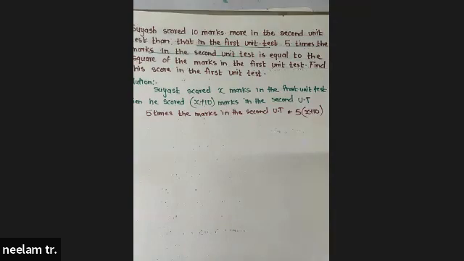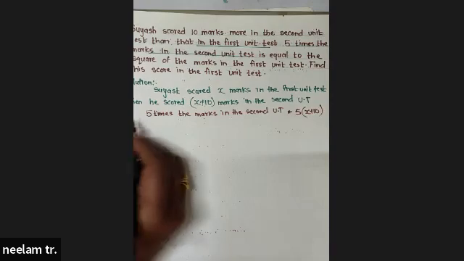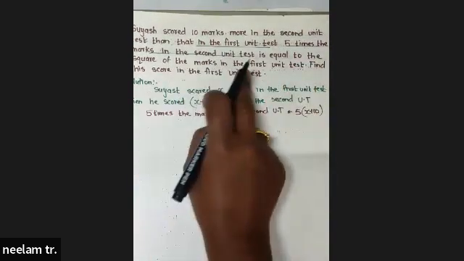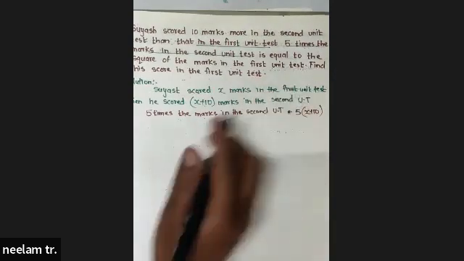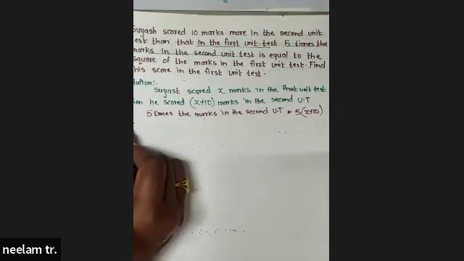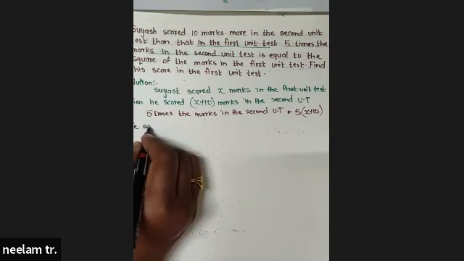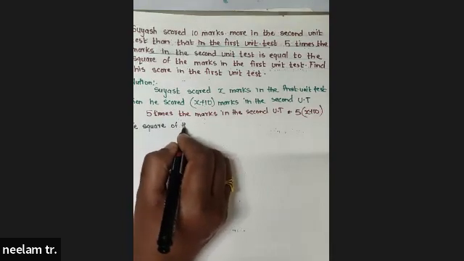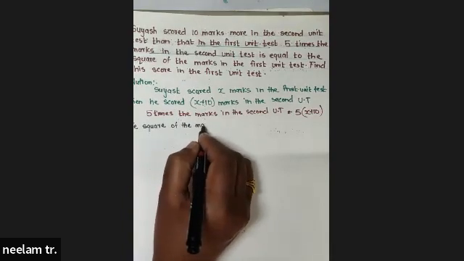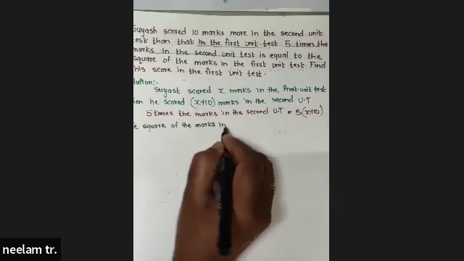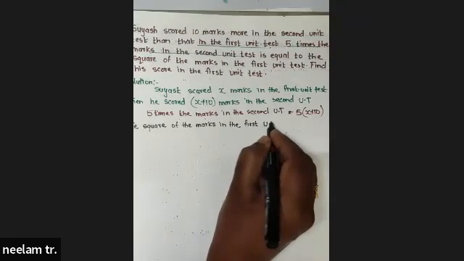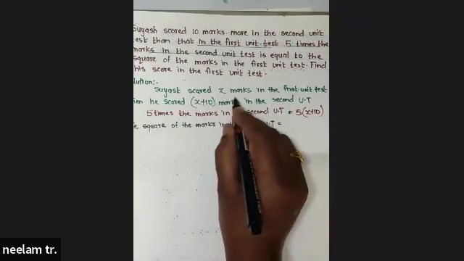So what you will take? Everything you need to pick out from your sentence itself. The square of the marks in the first unit test. Write it down. What was your marks in the first unit test?